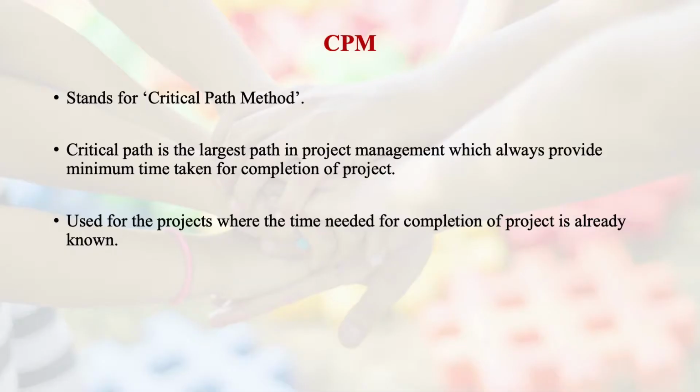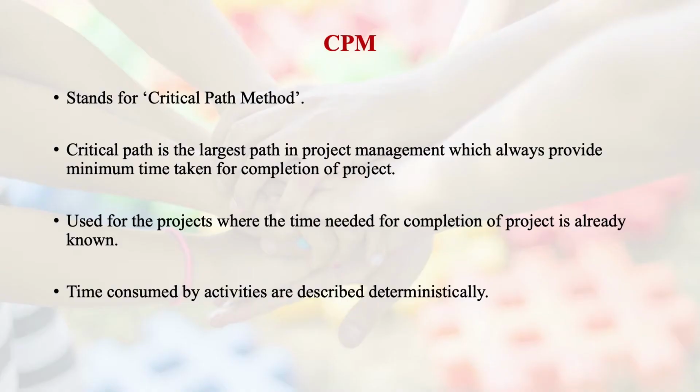It is used for projects where the time needed for completion of the project is already known. So the critical path method is slightly different from PERT in the sense that here the time of activities need not be estimated completely. Some of those estimates are already known to us. So that is something which you really need to consider.